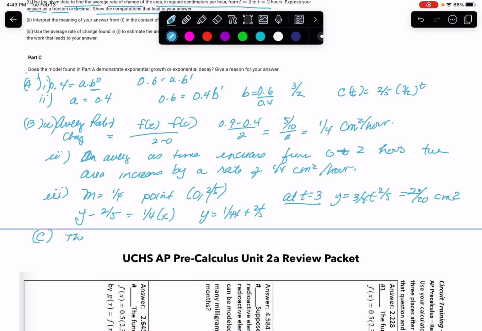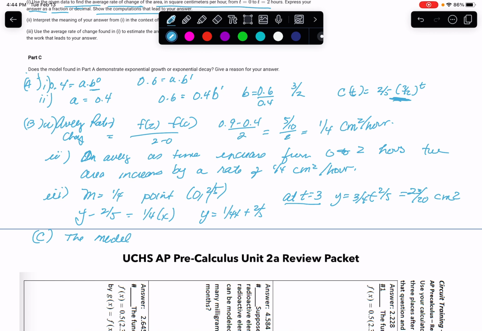So the model we found would demonstrate exponential growth, because what did we get for our rate? 3/2, right? So that's greater than 1.